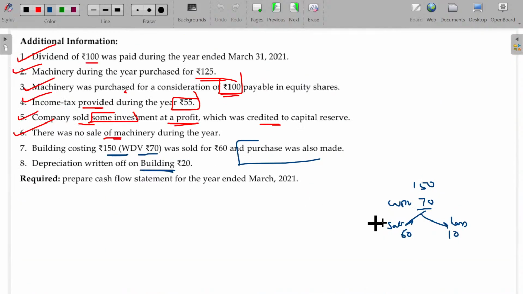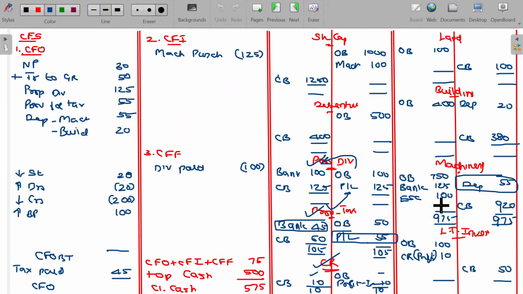Sold for 60 and loss 10. Sale and loss reduce the value of the asset, so I put the value in the credit side. So bank, I get 60, loss on sale value 10 rupees. Depreciation is posted twice, here and here. Loss should also be posted twice. Usually loss is available in the debit side of the P&L account.